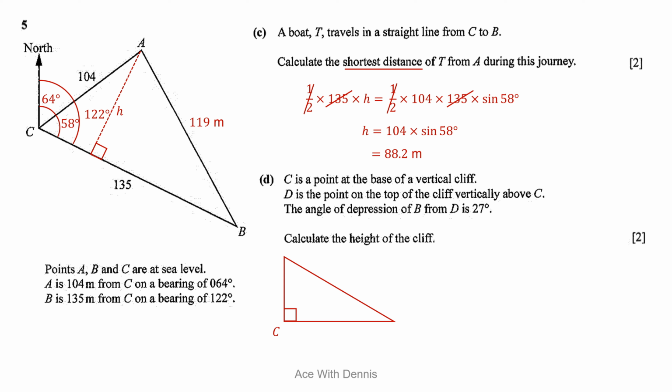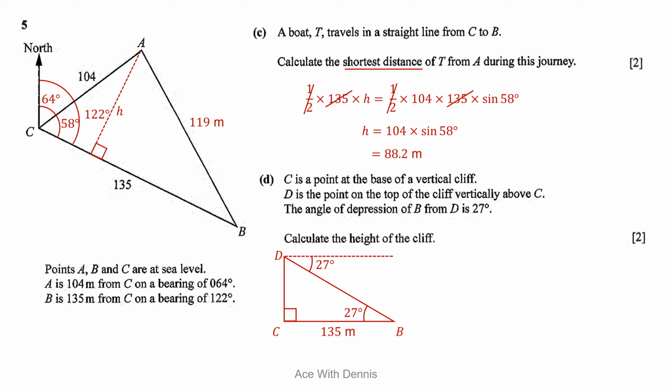So this is point C and this is point B. The distance between these 2 points is 135 meters. Here is the point D because it is vertically above point C. Given that the angle of depression of B from D is 27 degrees, this angle will be 27 degrees, hence this angle will also be 27 degrees because it is alternate angles.